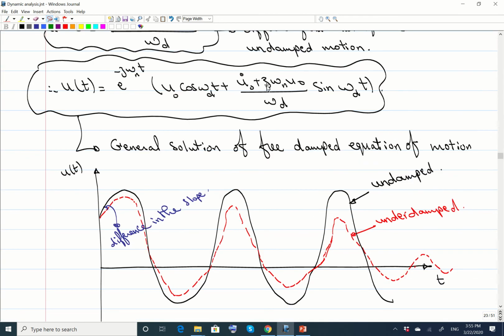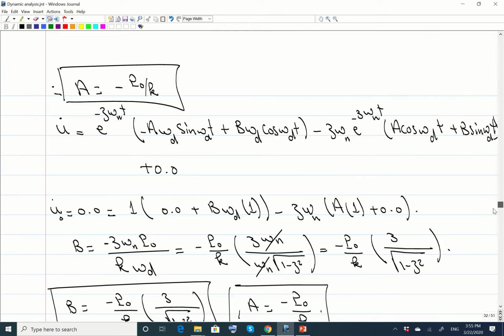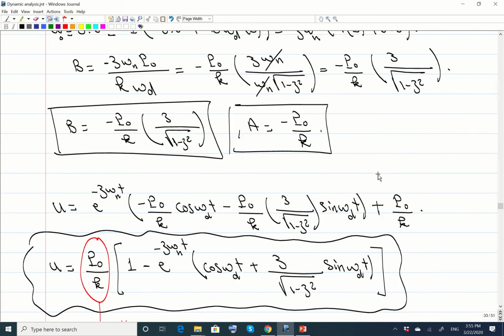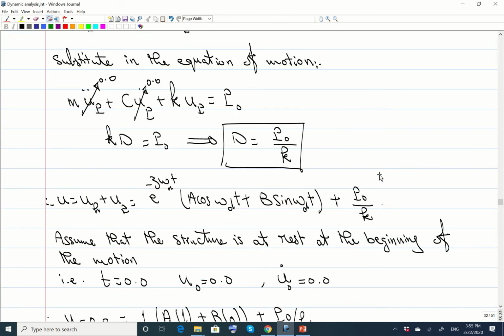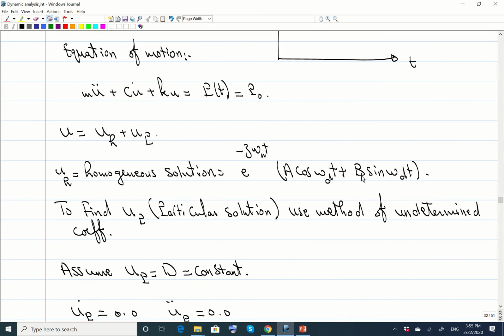Yes, a is u node, and b is u dot node plus zeta omega n u node, divided by omega d. So that's the homogeneous solution, and we already did that.